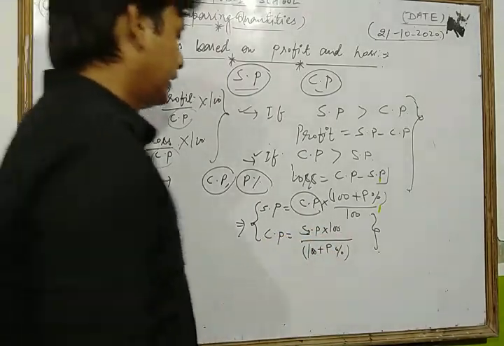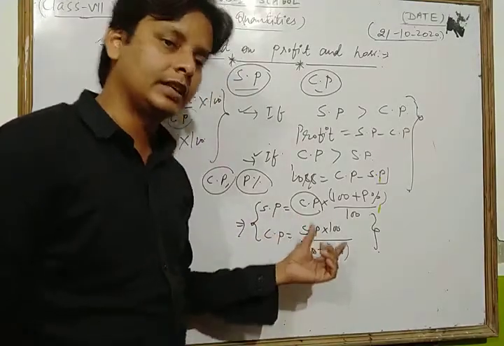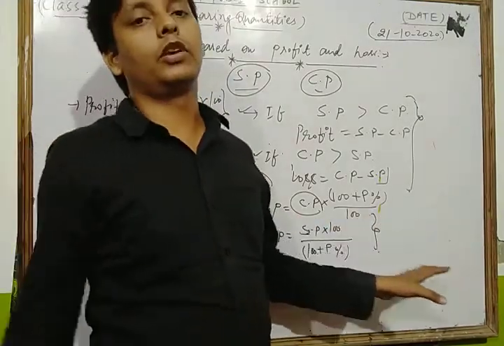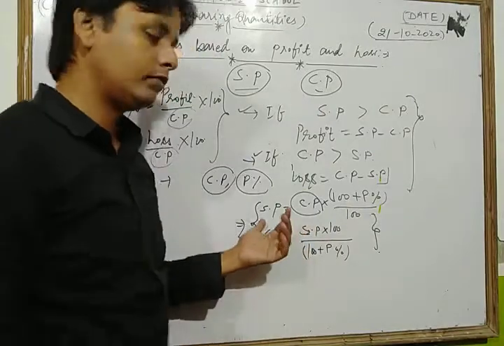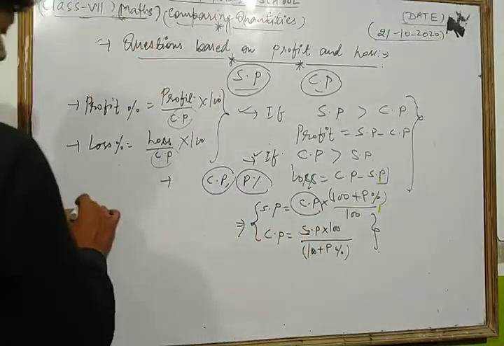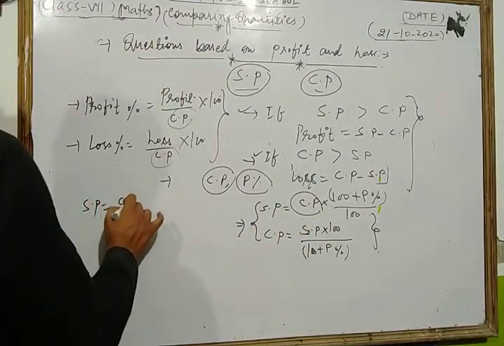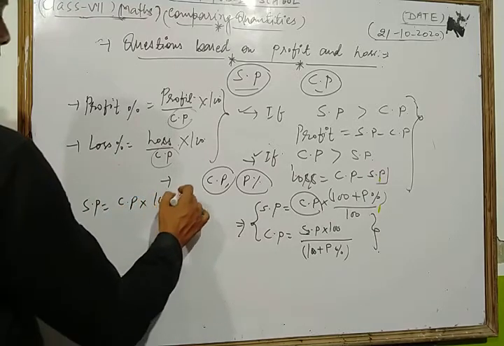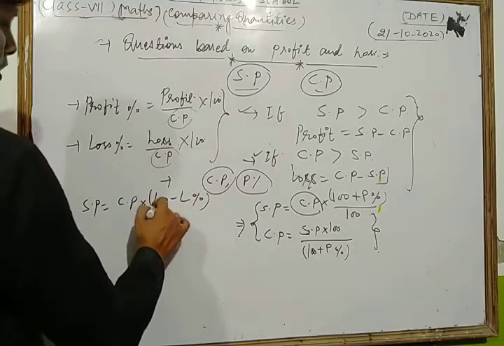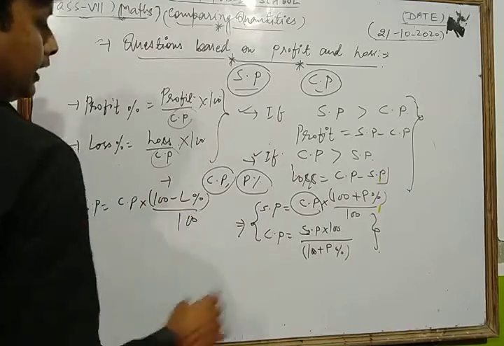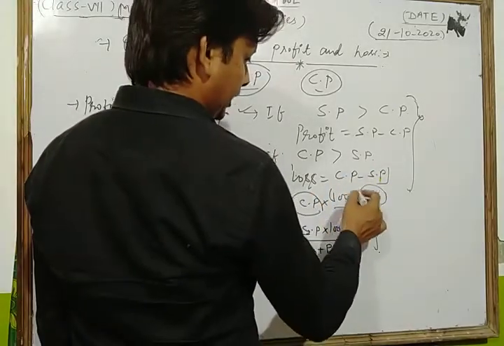Now look, dear student, if cost price is given and loss percent is given, then what is the formula for the selling price? The formula for the selling price is cost price into 100 minus loss percent upon 100. If profit percent is given, then we apply the plus.